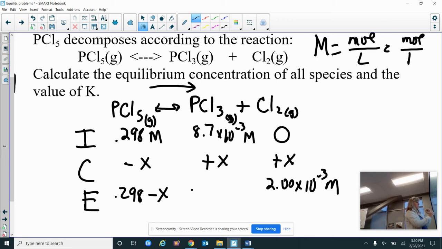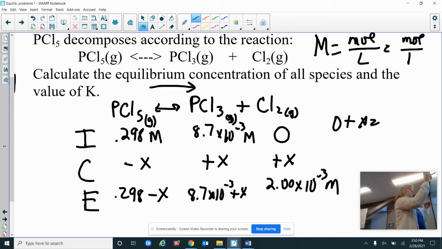Same thing with this one. We don't know what it is, but we know it was 8.7 times 10 to the minus third, and then we're going to add X amount to that. But then we do know the concentration in this one of the Cl2 at equilibrium. And now if we look at what this was, it was 0 plus X equals 2 times 10 to the minus third.